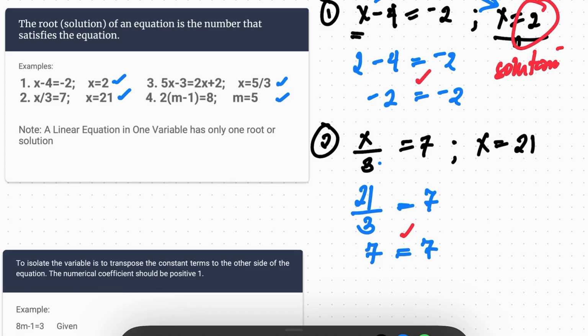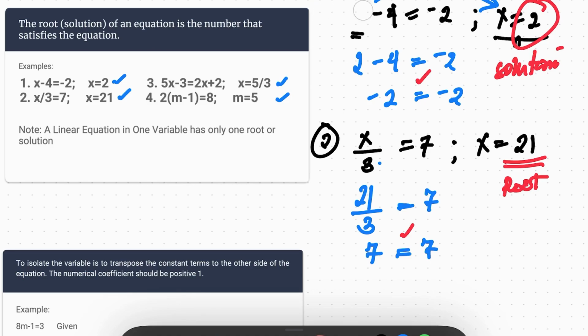So what is our realization on this one? It means that 21 is a root or a solution of our linear equation. For number 1 and number 2, I hope everything is very clear.